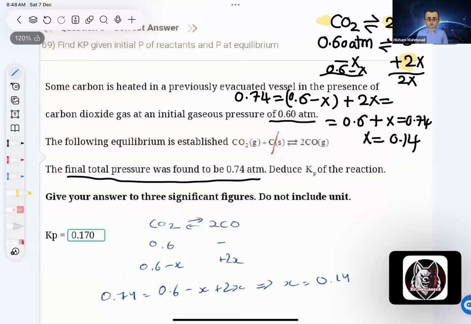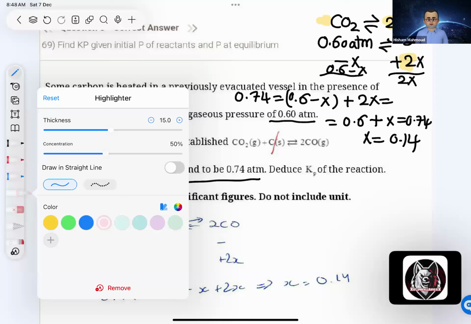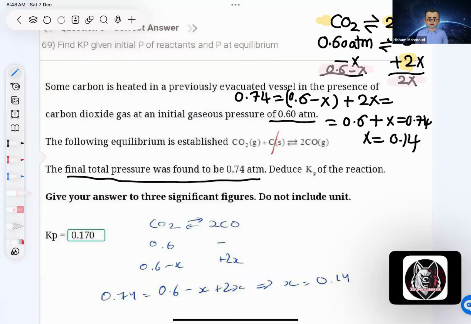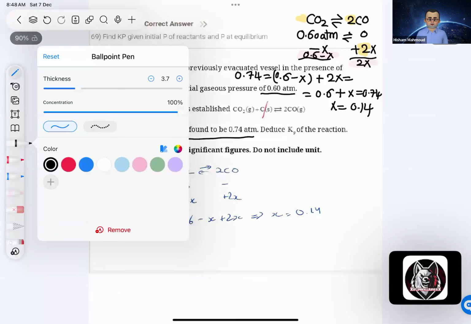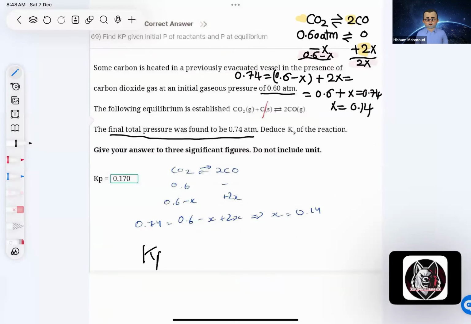This is the equilibrium one, right? So what is the pressure of CO2, and what's the pressure of CO? You said the products, so it is CO pressure over CO2 pressure, and this has to be squared.